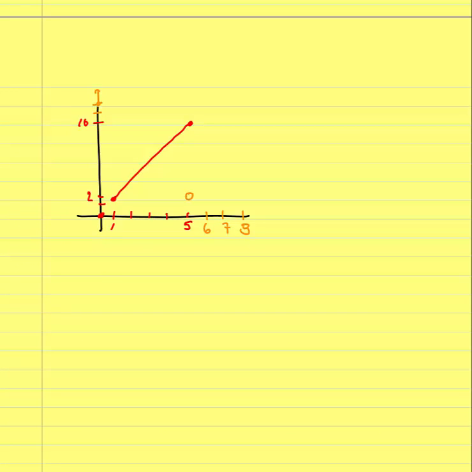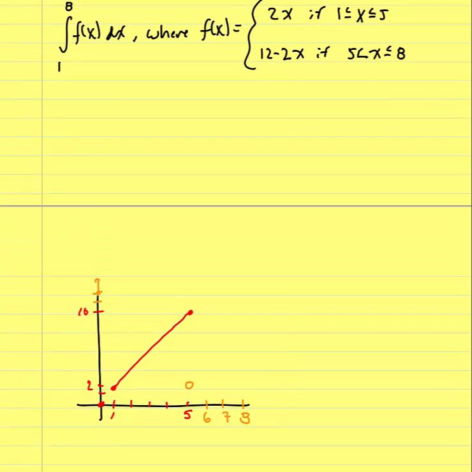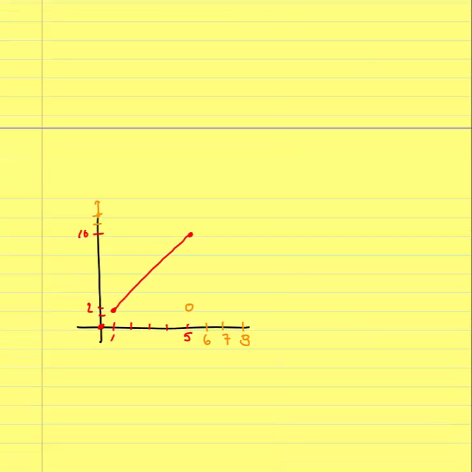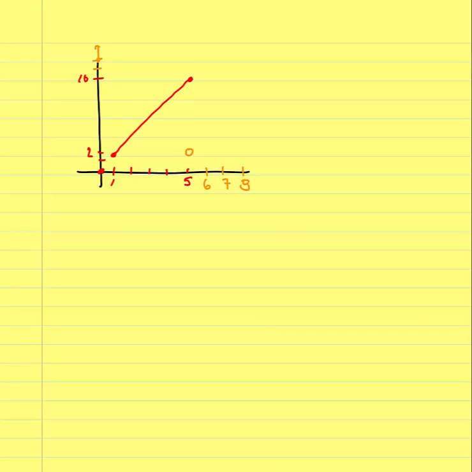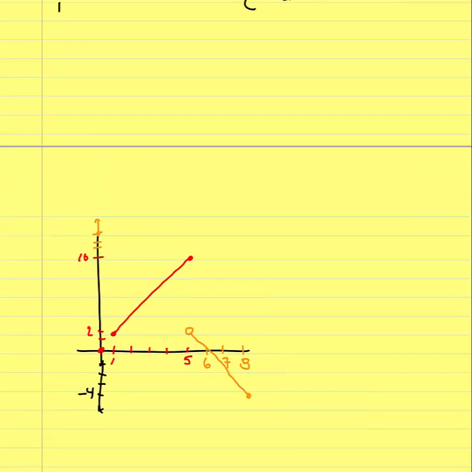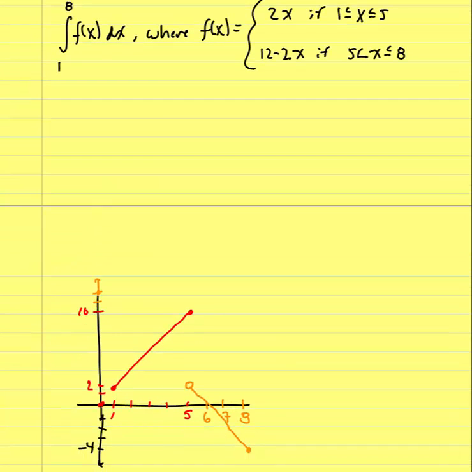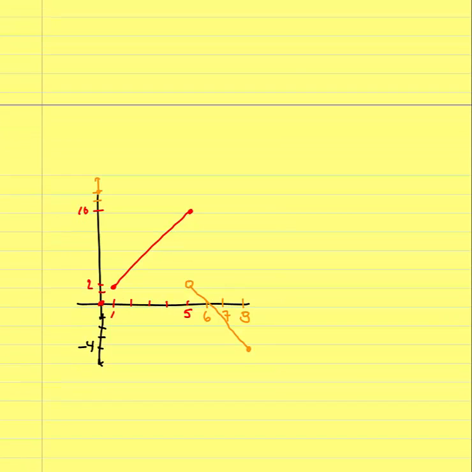Again, if I plug in an 8, 8 times 2 is 16, 12 minus 16 is negative 4. And that is a filled point. I'm not exactly sure where that's going to cross. Let's go look at that function again to see if it crosses at 6. 12, yeah, it does cross at 6, so it does cross at this point as well.